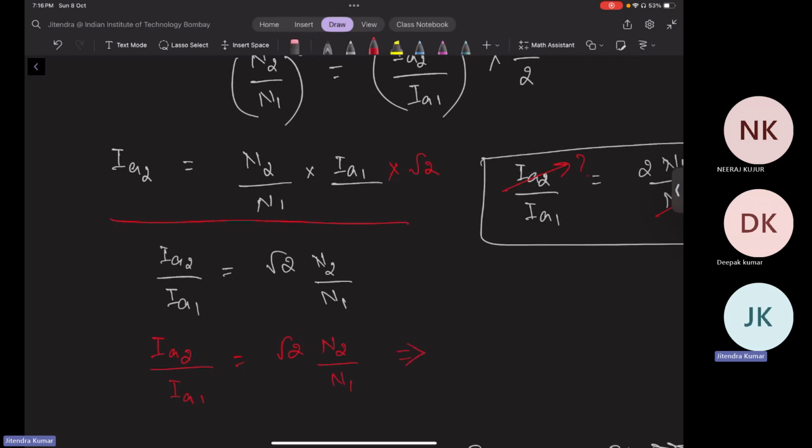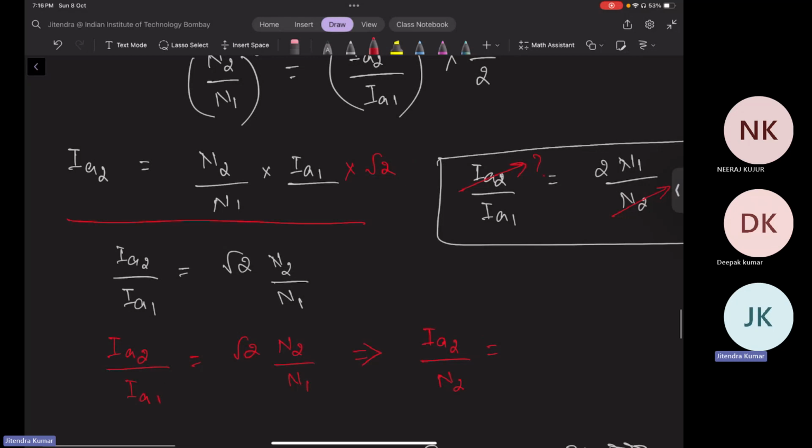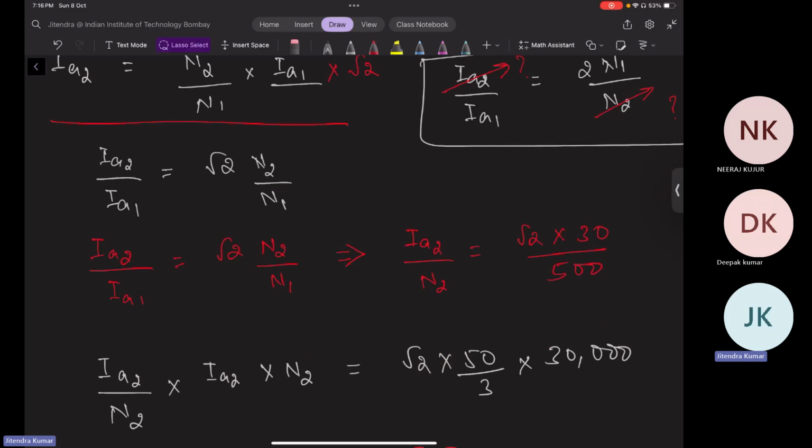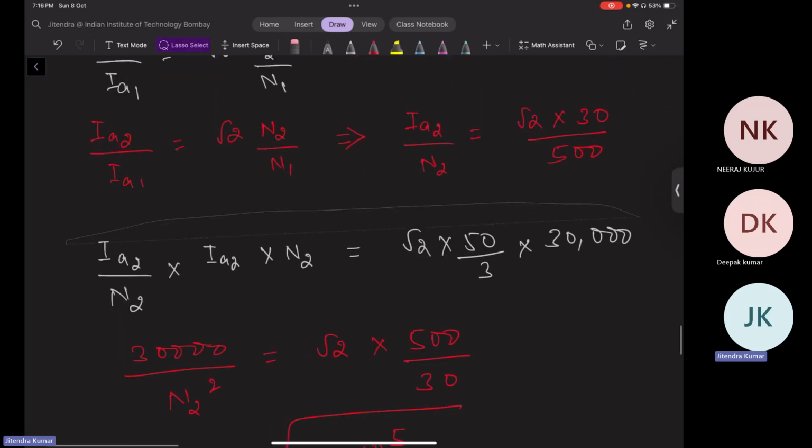Now IA2 by N2 is equal to root 2 into IA1, which was 30, divided by N1, which is 500. So now let us go ahead with this and see what it proves.